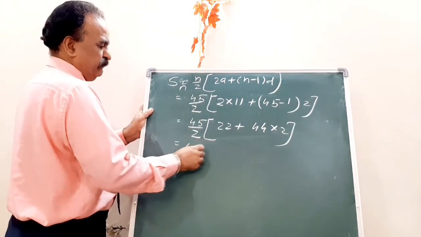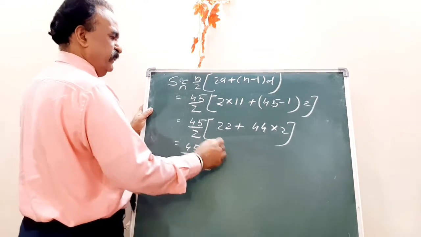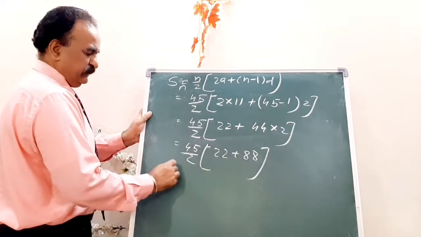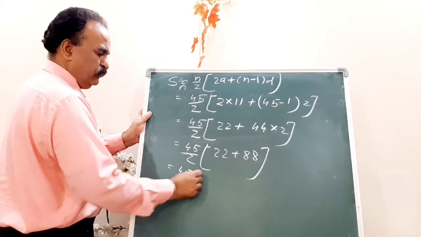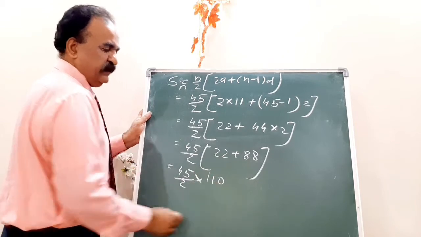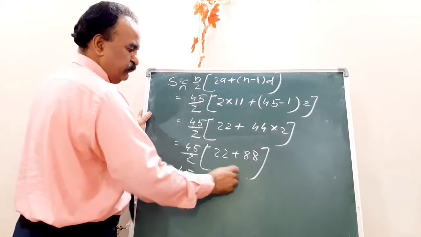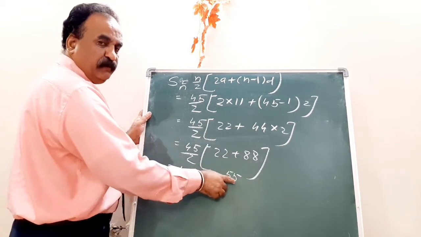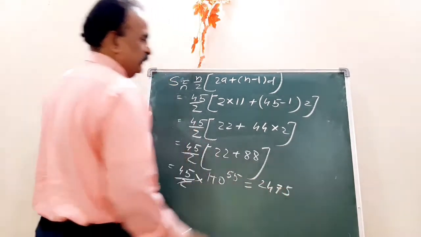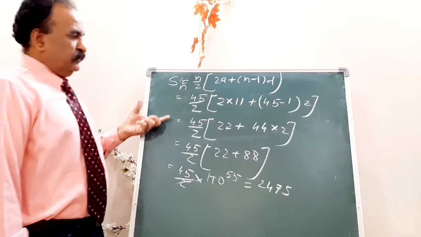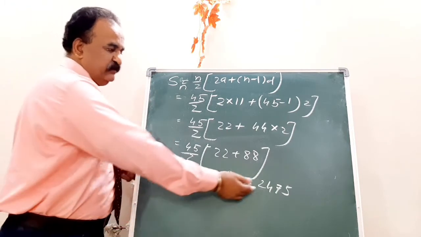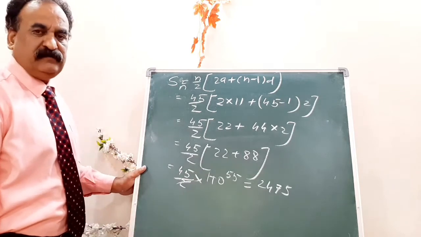It means 45 upon 2 into bracket 22 plus 88. So you will get 45 upon 2 into 110, which gives 55. So 45 into 55, you will get 2475. It means the sum of the two-digit odd numbers is equal to 2475.